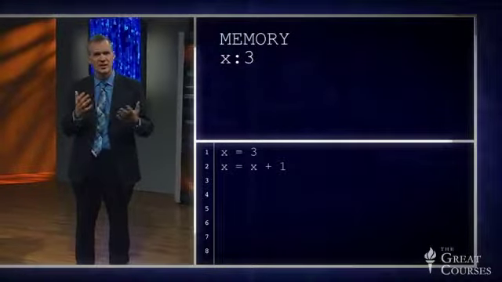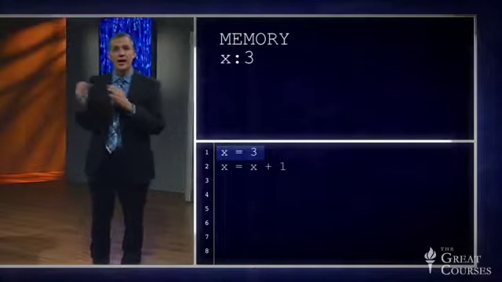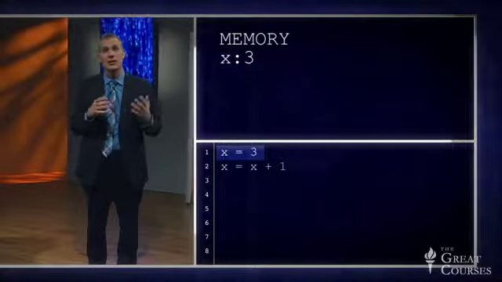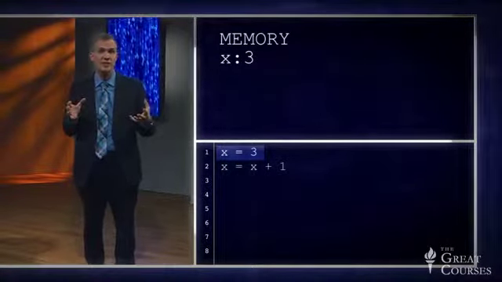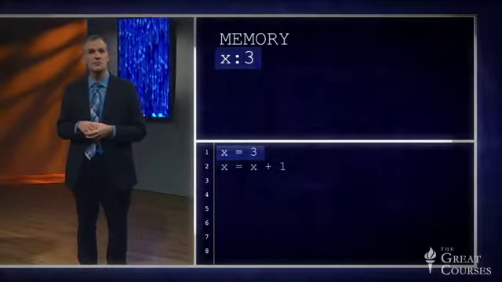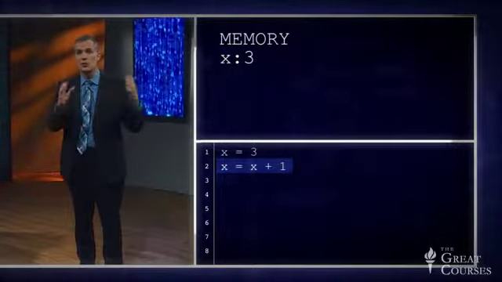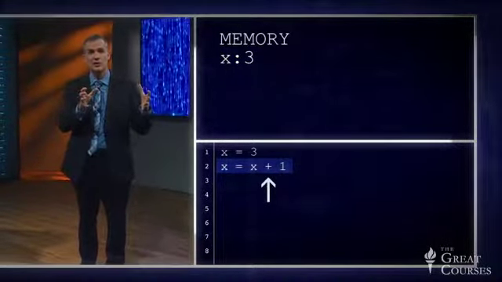Let's see how this code works. We first encounter the line x is assigned 3. And so this sets up our variable x, and it puts the value 3 into its box. When we come to the next line of code, we'll first look at the right-hand side, x plus 1.